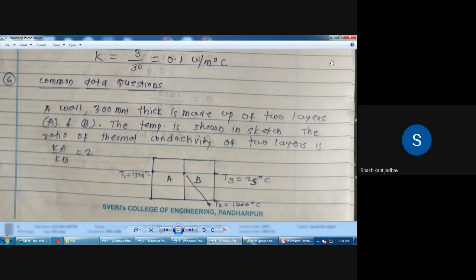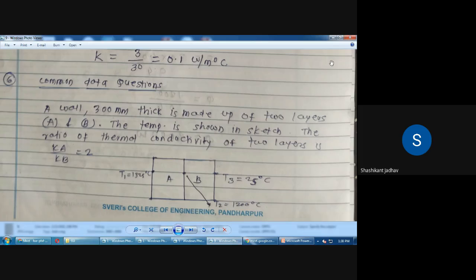First we find the ratio, and in the second case we find the thickness of layer A.